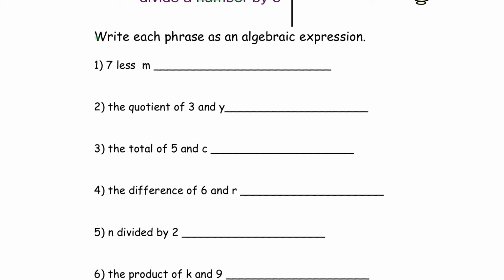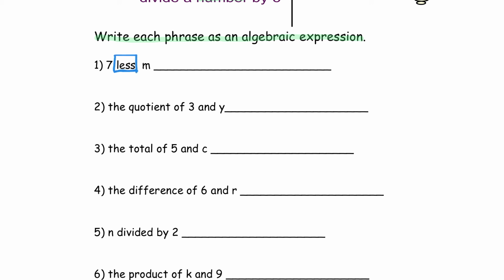In this section, we're going to write each phrase as an algebraic expression. Actually, this is what your homework's going to look like tonight. All of this hard work gets us to this point here, which actually becomes a lot of fun. We're going to be translating. Number 1, it says 7 less m. Think of the keyword. Your keyword here is less.